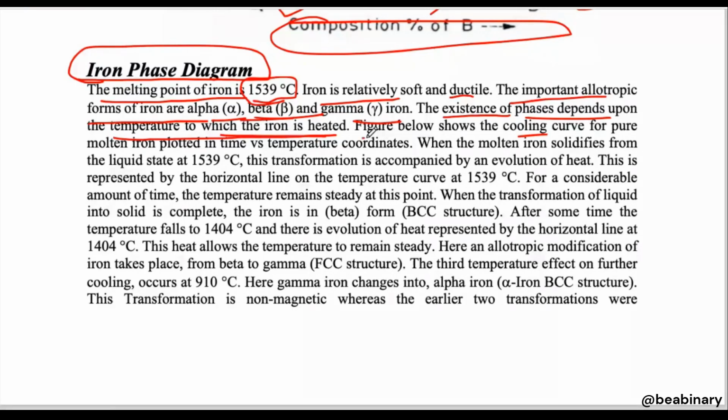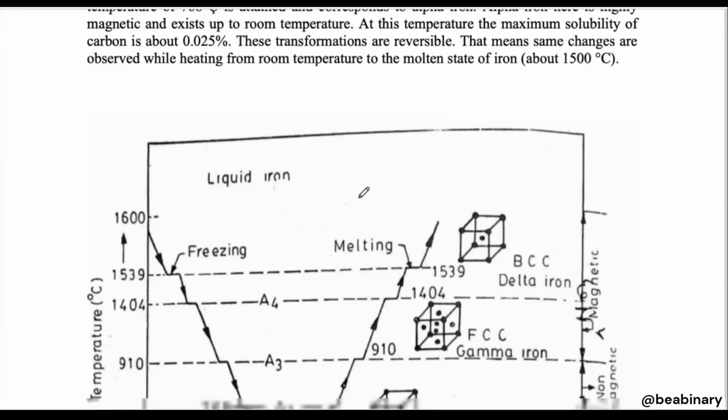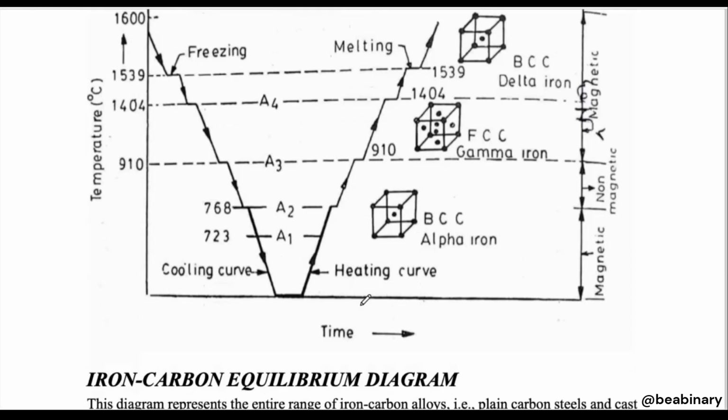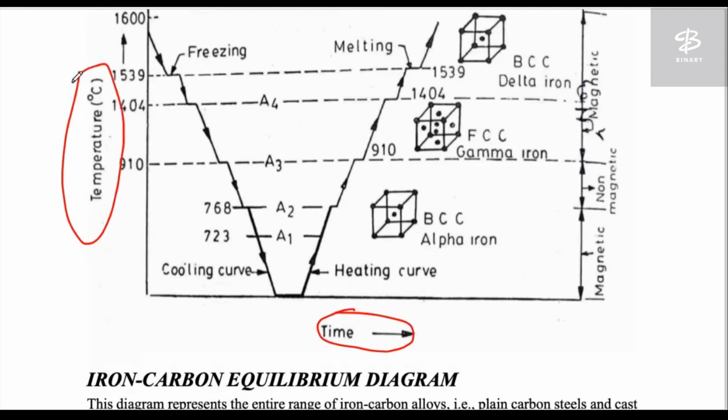The figure below shows the cooling curve for pure molten iron plotted in time versus temperature coordinates. Here on the x-axis we have time. Why have we taken time, not composition? Because it's a pure metal, so we don't need to concern ourselves about the composition. And on the y-axis we have kept temperature, same as we were keeping.